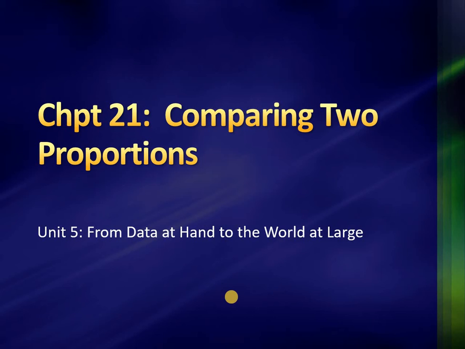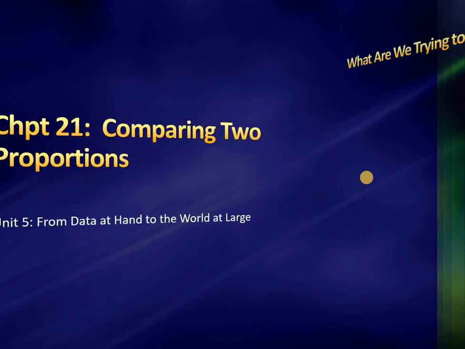But for this chapter, the big thing that you have to look for is that they specifically, physically, give you two different sample sizes. That's the big trick here. One group is this size, another group is this size. They might be the same size, but you are told the sizes of two groups, not just one. That's how you can tell that you're comparing two proportions.